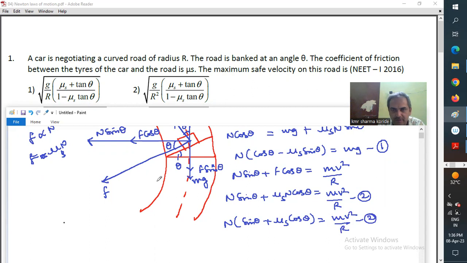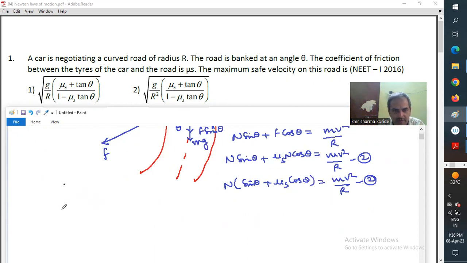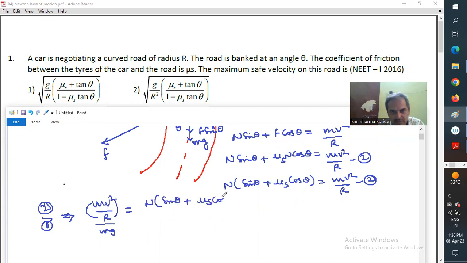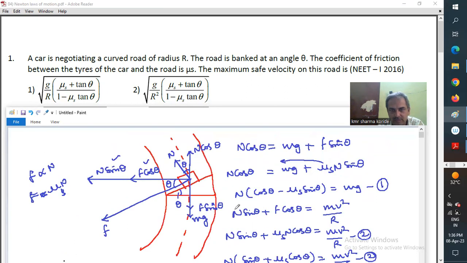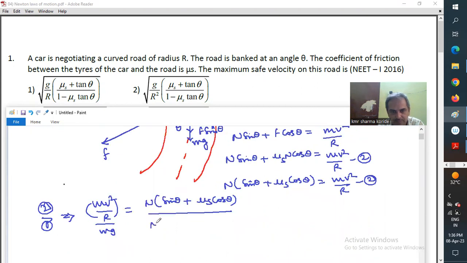If you divide equation 2 by equation 1, you will get mv square by r by mg is equal to N of sin theta plus mu s cos theta, whole divided by N of cos theta minus mu s sin theta.